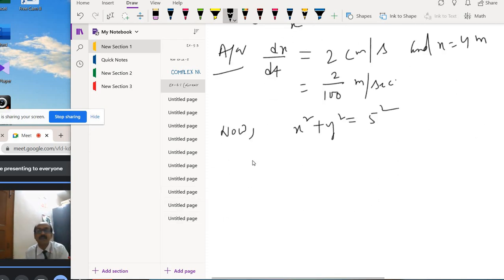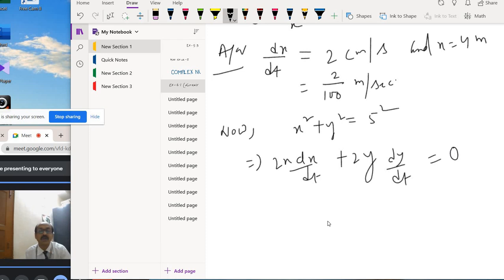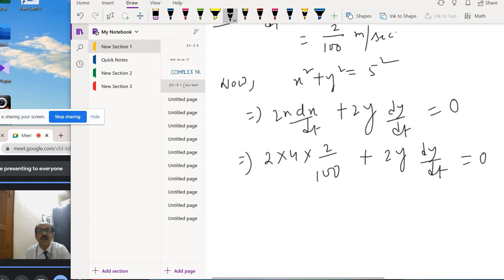Differentiating with respect to t, 2x dx by dt plus 2y dy by dt equal to 0, the derivative of a constant being 0. With x equal to 4 meter and dx by dt equal to 2 by 100, plus 2y dy by dt equal to 0.